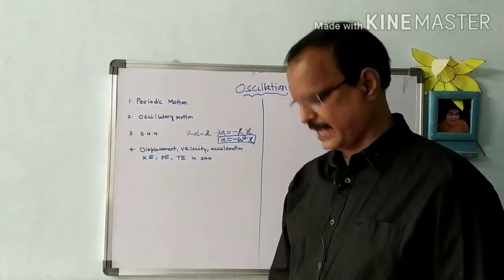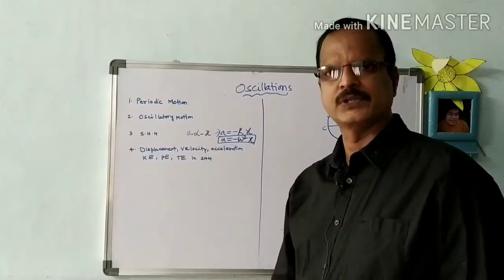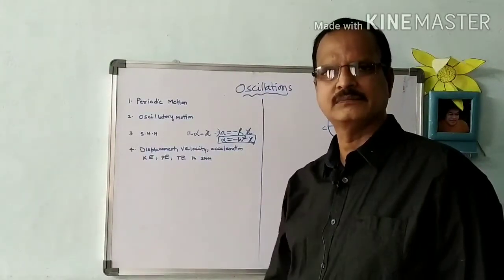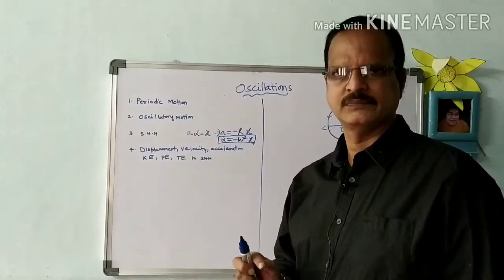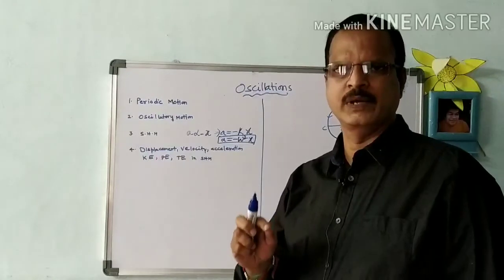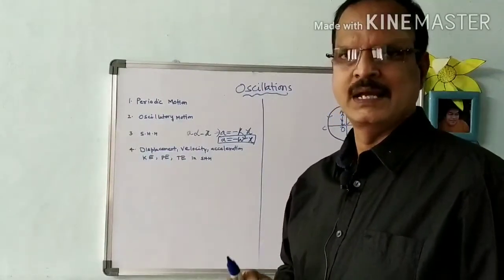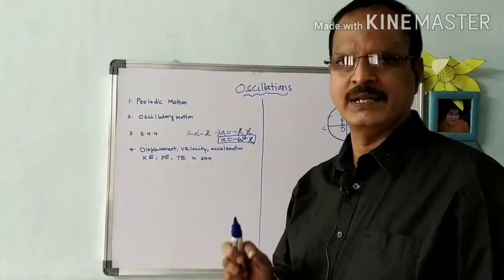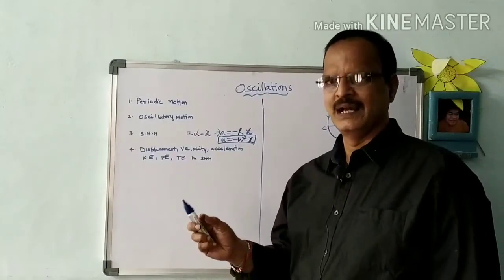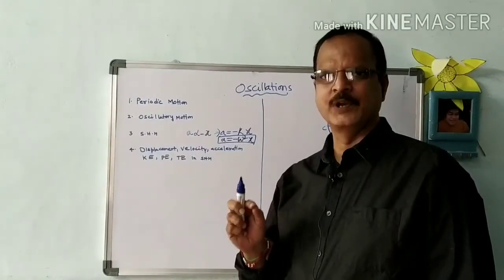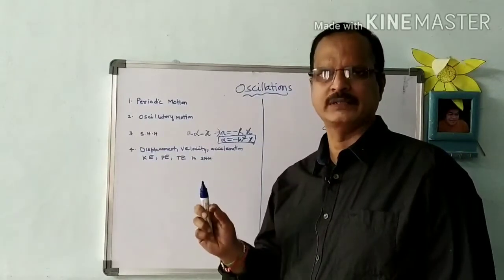So simply we can state the conditions for simple harmonic motion. First, the body should have to and fro motion. The body should be in periodic motion. Acceleration is directly proportional to displacement, and it should always be towards a fixed point.